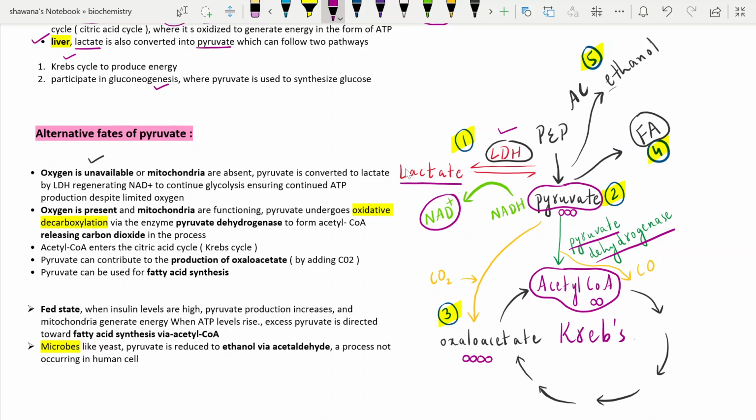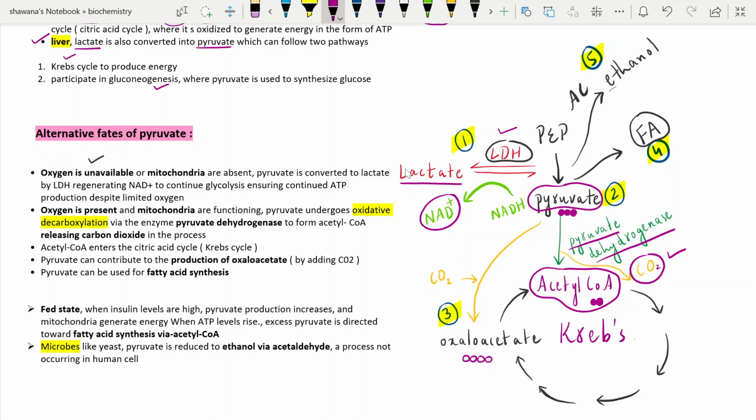So this step occurs with the help of the enzyme pyruvate dehydrogenase. It is a decarboxylation mechanism because here carbon dioxide is being removed. Pyruvate is a 3-carbon molecule and acetyl CoA is a 2-carbon molecule, so where does one carbon go? Is it vanishing or disappeared? No. Carbon dioxide is formed in this step.